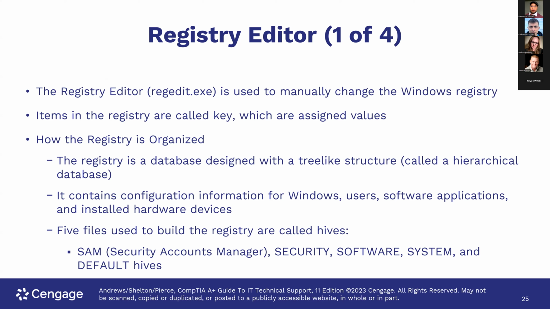Items in the registry are called keys, which are assigned values. The registry is a database designed with a tree-like, hierarchical structure. It contains configuration info for Windows users, software applications, and installed hardware devices.